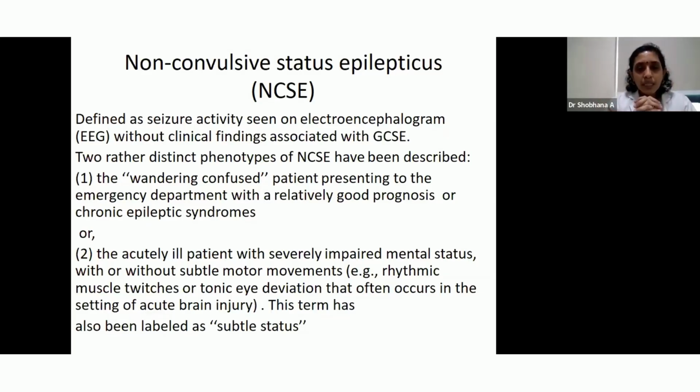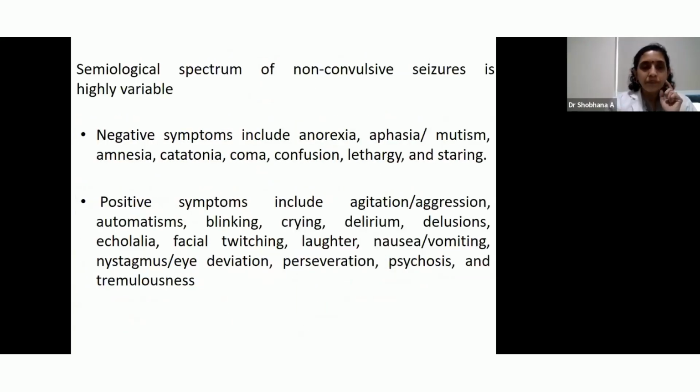Now, two rather distinct phenotypes are the wandering, confused patient presenting to the emergency who probably has a better prognosis, or the patient with severely impaired mental status without subtle motor movements or some twitch of the eye or the mouth that often misses your eye, and these are subtle status, and they all fall in the category of non-convulsive status epilepticus.